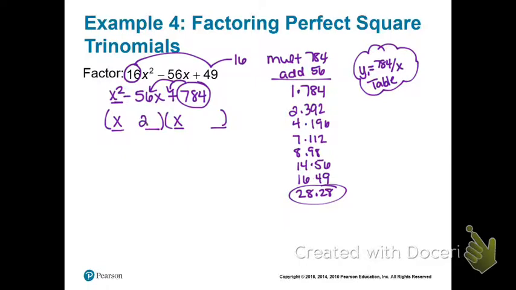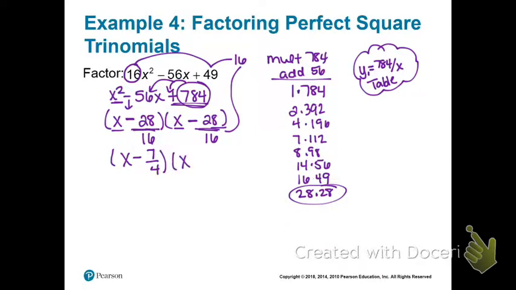Bigger number first, doesn't matter since they're the same. Bring down the first sign. Negative 28 times what kind of 28 gives me a positive 784? A negative times what is a positive? A negative. Now remember, this is an alien, so you got to bring her back. They divide by her. Reduce if possible. 28 and 16 are both divisible by 4.